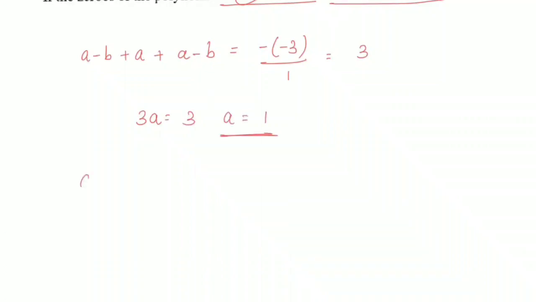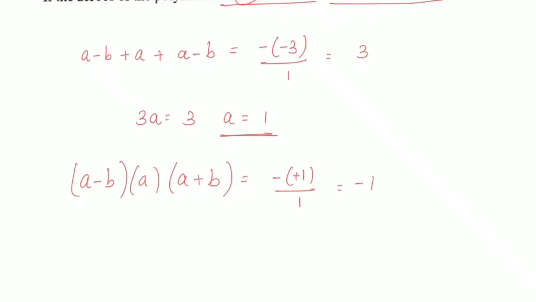In the same manner, product of zeros, a minus b into a into a plus b, that is minus d by a. Minus d by a is minus of minus 1, by a, which is 1 here, so it is minus 1.